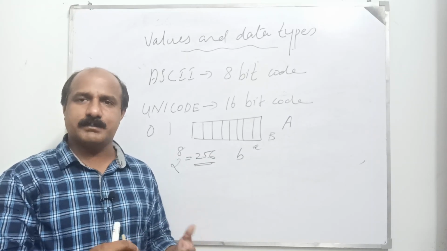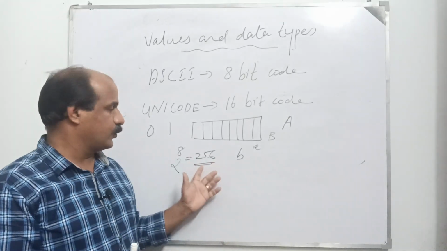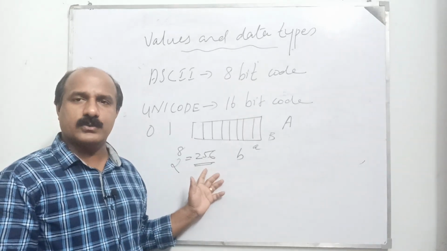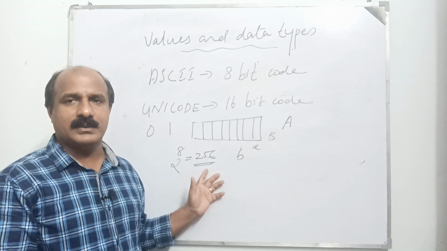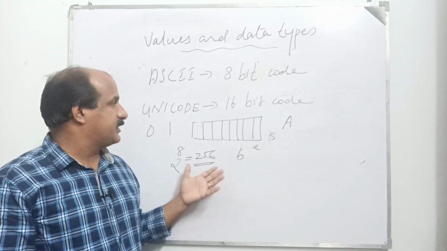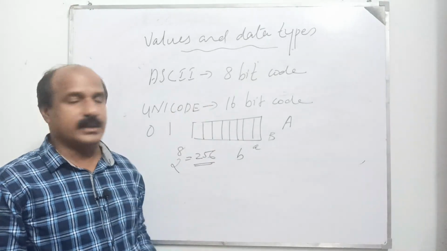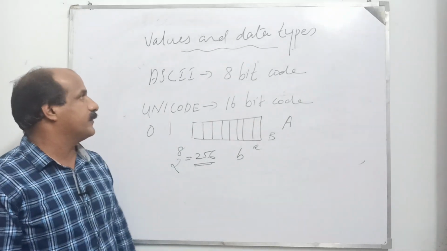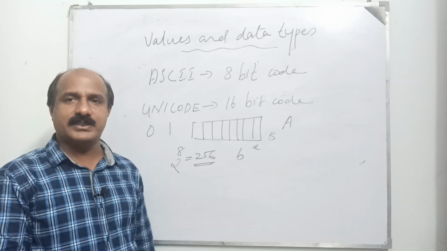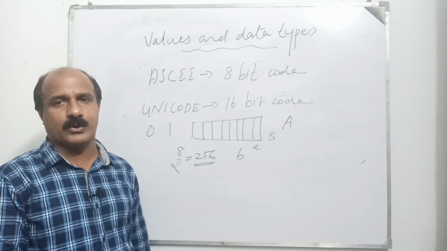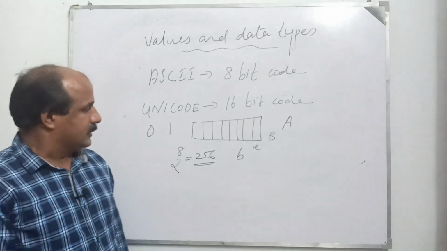All these make up 256. So there is no scope for representing any other language. That is the limitation of ASCII coding. Do you know the full form of ASCII? American Standard Code for Information Interchange.